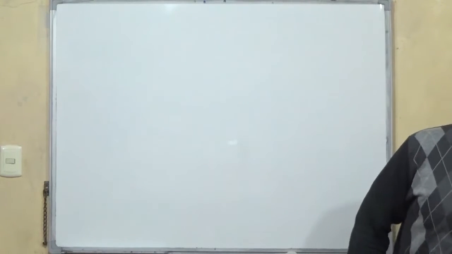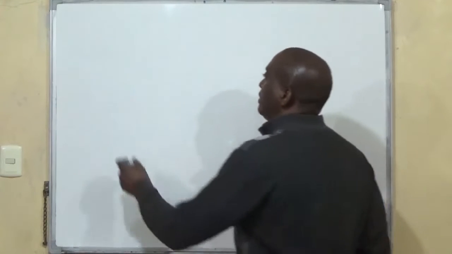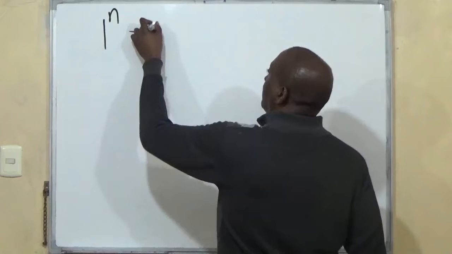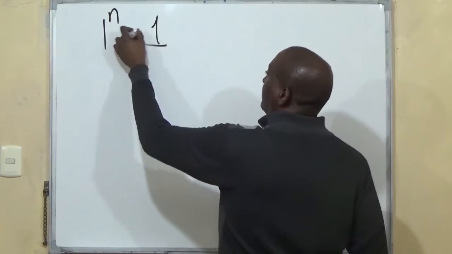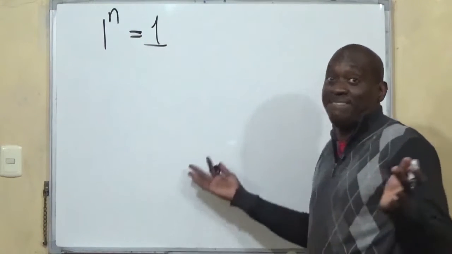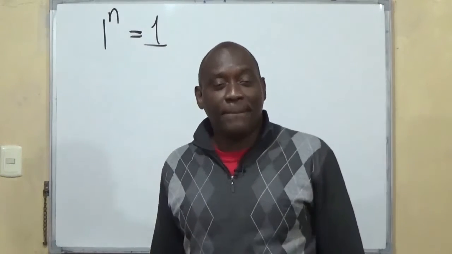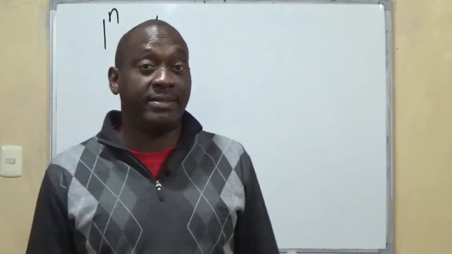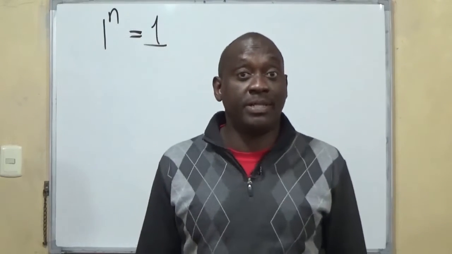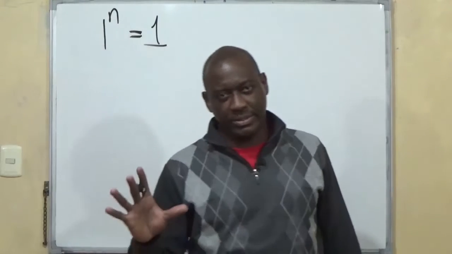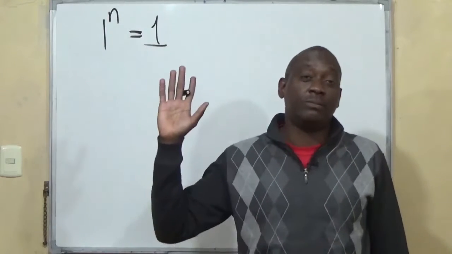And we do that by saying that 1 raised to any power is still equal to the number 1. Alright? That is probably the simplest rule of indices that there is. And that is probably the one thing that everybody remembers about indices, almost without fail.